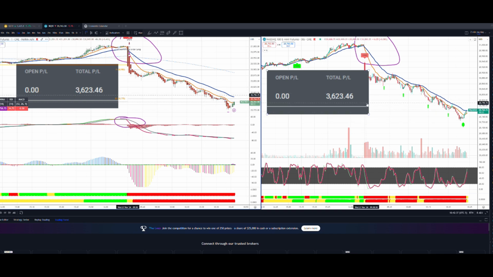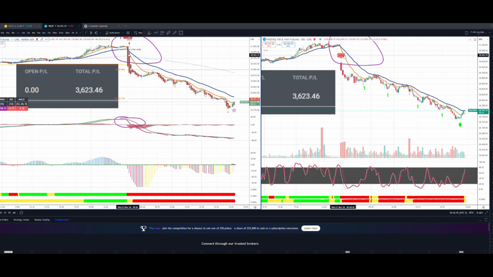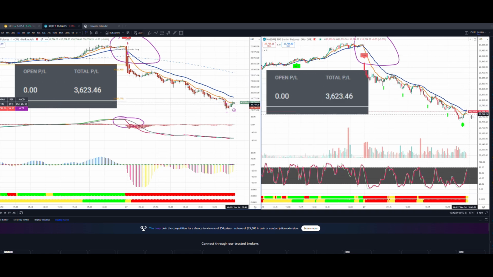I got out half of my position at 20 points, which took about 1 second. And I let the rest ride, waiting for these EMAs to cross back up on the 30-second chart. Usually I look on the 1 minute chart over here, but on the 30-second chart, they never crossed back up. I had absolutely zero reason to leave the rest of my trade.